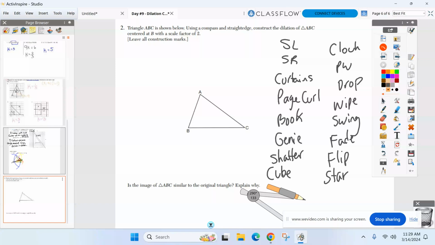Nope, there it is. I thought it was Genie. We got Genie up there. All right, we ready here? You guys are awful at this. Star. Flip. Fade. Swing. Wipe. Drop.